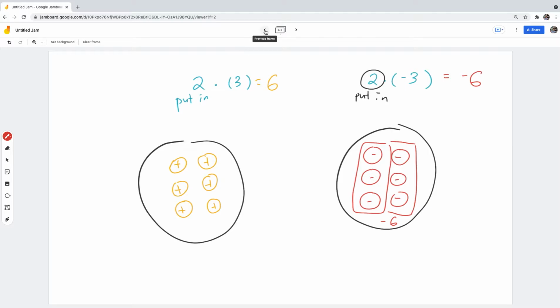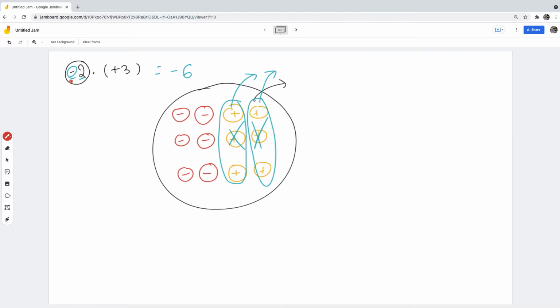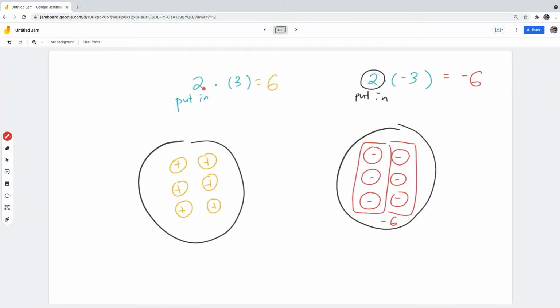Now we can generalize that by looking at this, right? We have negative times positive, that's negative. We have negative times negative, positive. Positive times positive is positive. Positive times negative is negative. So what can you conclude?